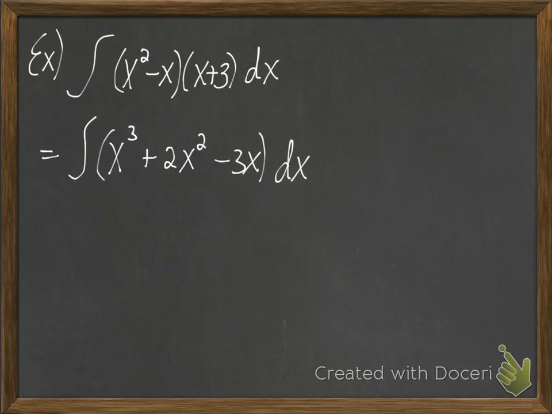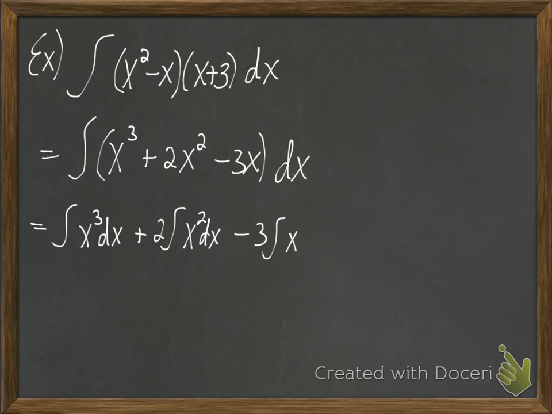And then we just apply the power rule for each part. Now if you find it helpful, you may want to break this up into separate problems, and then apply your power rule for each part.